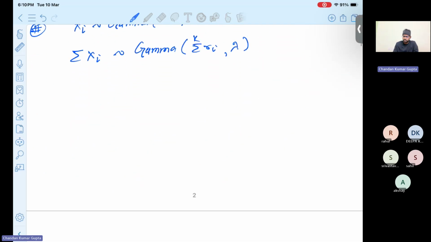Okay. There is one more property that was perhaps discussed in the last week. That is the linearity property of normal distribution.